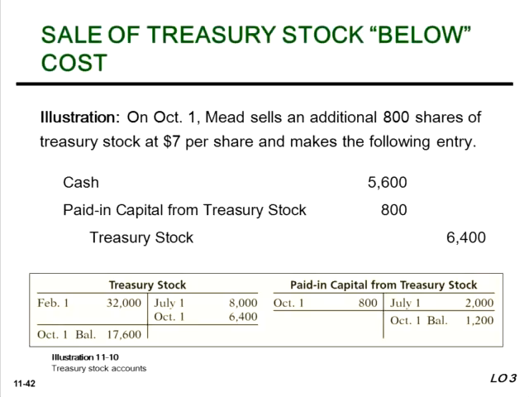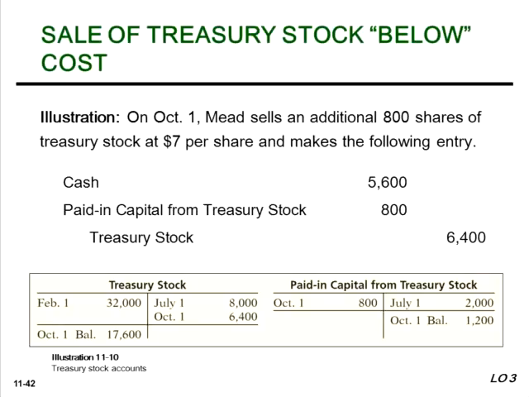So in the next example, on October 1st, Mead sells an additional 800 shares of treasury stock at $7 per share and makes the following entry. So they had bought the stock back for $8, now they're reissuing at $7, so it's $1 below what they paid for it. So we're going to debit cash for $5,600, so we're taking the 800 shares and multiplying by $7 per share.